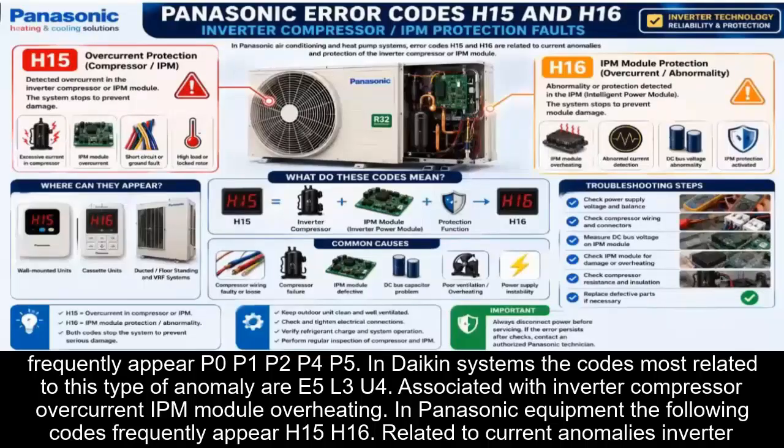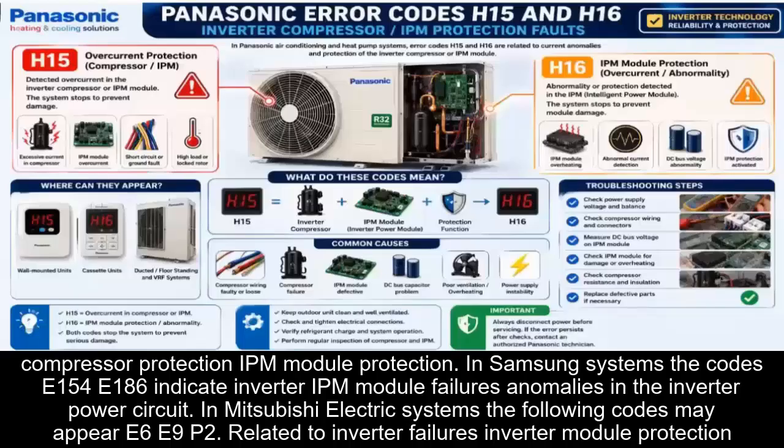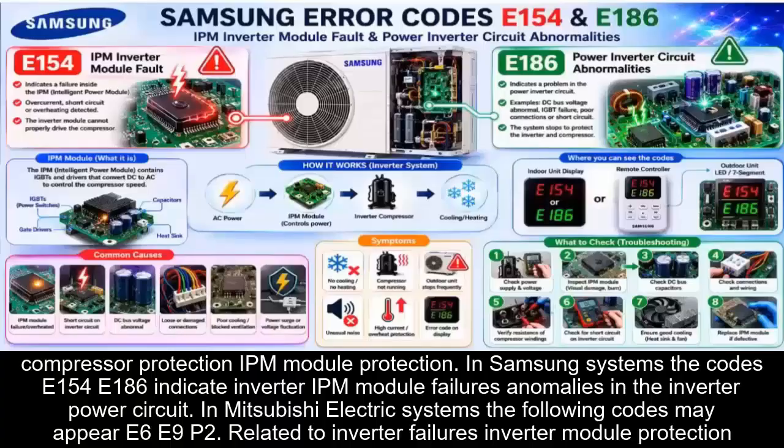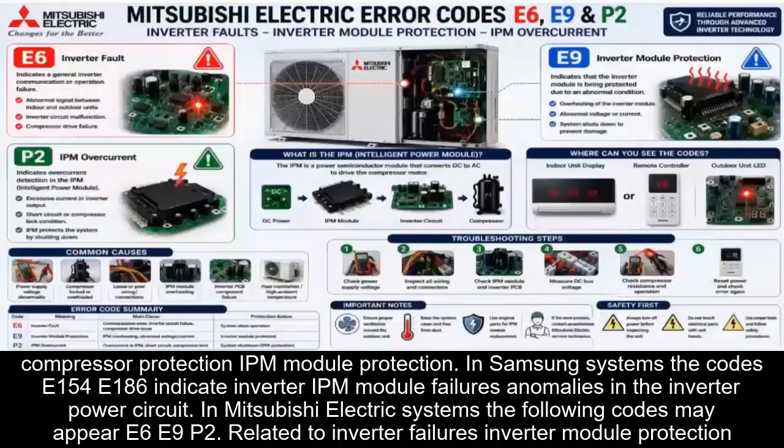In Samsung systems, the codes E154 and E186 indicate inverter IPM module failures or anomalies in the inverter power circuit. In Mitsubishi Electric systems, the following codes may appear: E6, E9, and P2, related to inverter failures, inverter module protection, IPM system overcurrent.